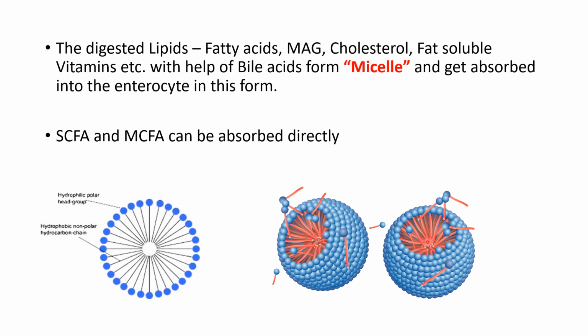So all my fats that are going to be absorbed remain here inside in an environment that is non-polar, where they are comfortably staying. But because the outside is polar, they can get absorbed.